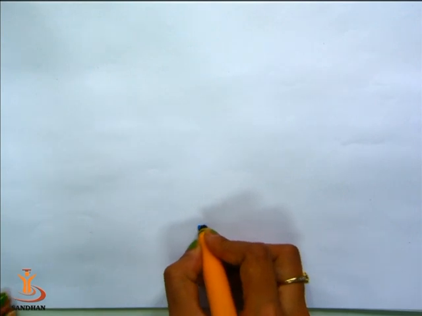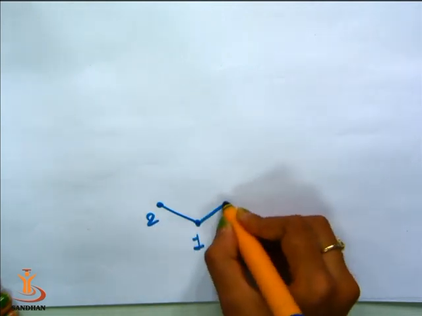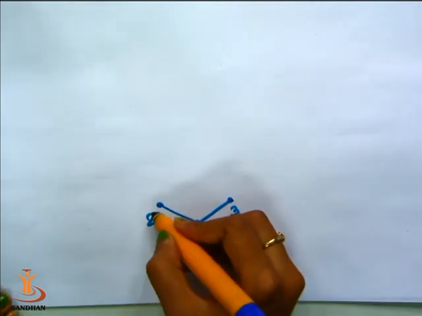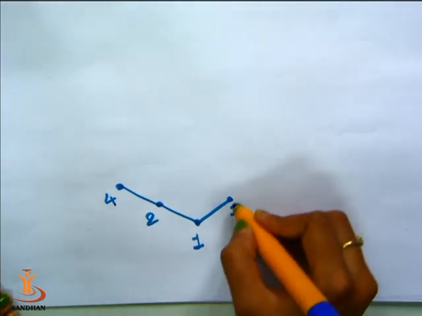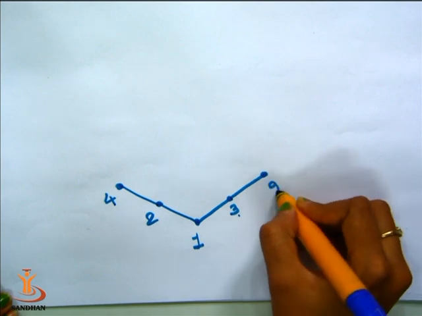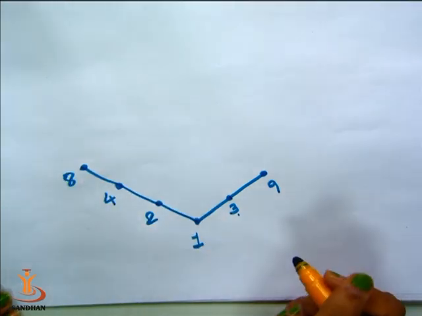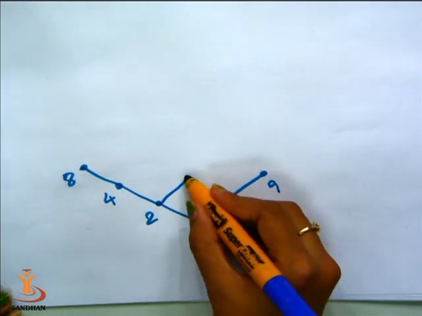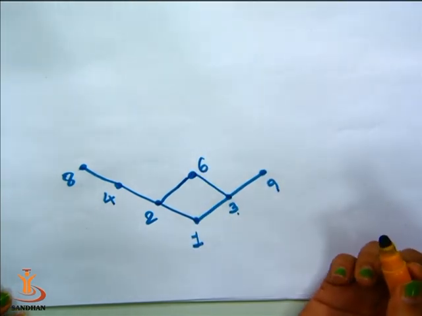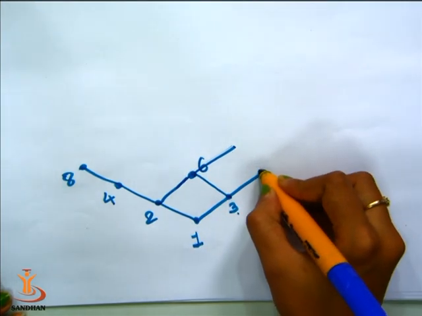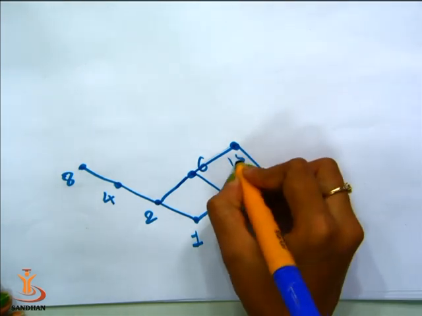Starting with 1. Now 1 is related to 2 and 3. Right? But 2 divides 4 and 3 divides 9. So 4 divides 8. Now 2 and 3 both divide 6. Now 6 and 9 both divide 18.